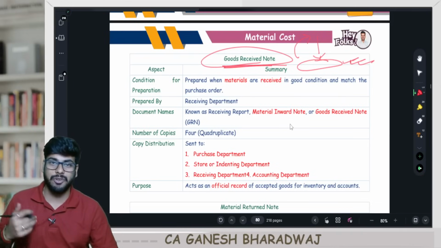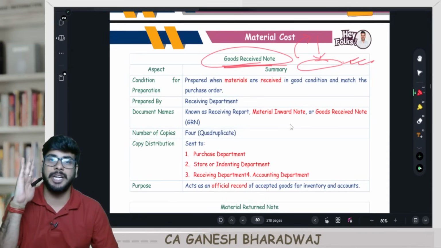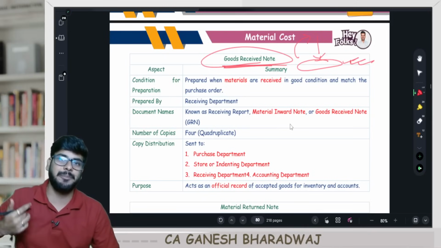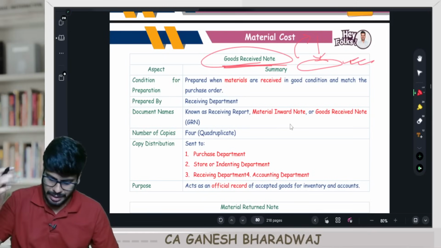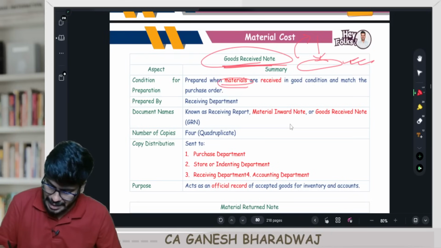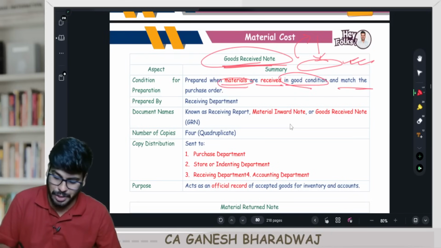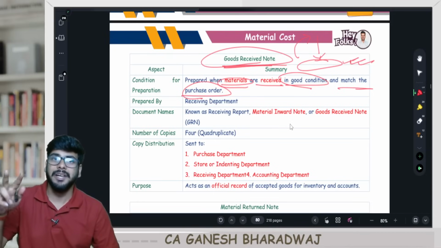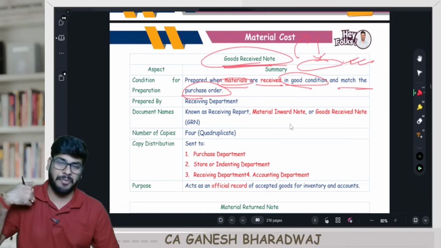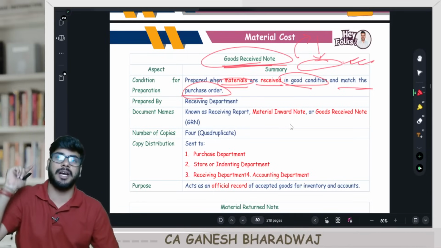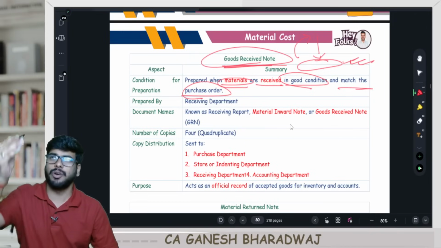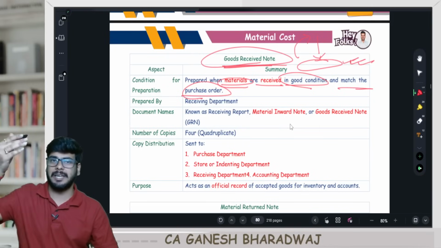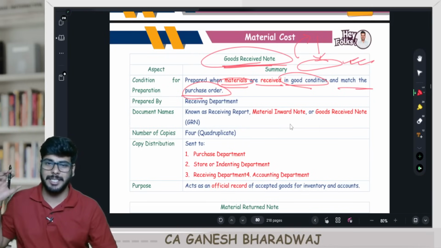This goods received note is a document that proves that yes, these goods are good and they are accepted by me. Are you clear with this, guys? So this is prepared when the materials are received in good condition and match the purchase order. Purchase order is the document prepared when the purchase department of our company enters into a contract with the supplier, saying, okay, the supplier is agreeing, I will supply these different types of raw material at these quantities, at these specifications.